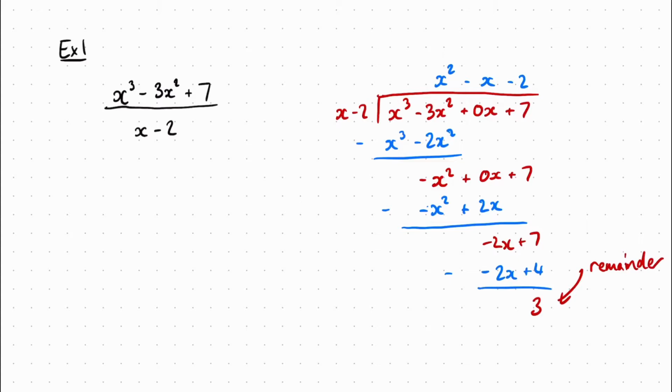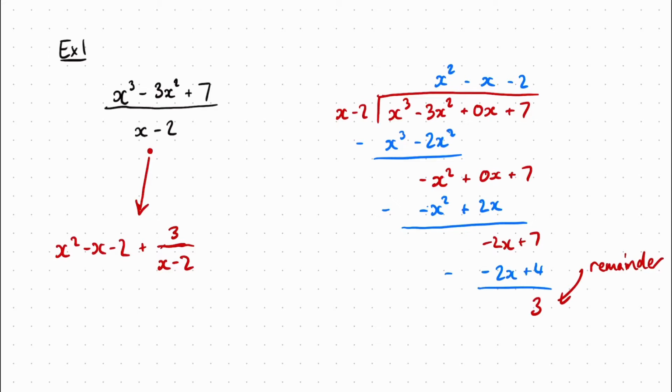So the solution for this as a mixed fraction is x squared minus x minus 2, plus 3 over x minus 2. That is how we can change this to a mixed algebraic fraction.